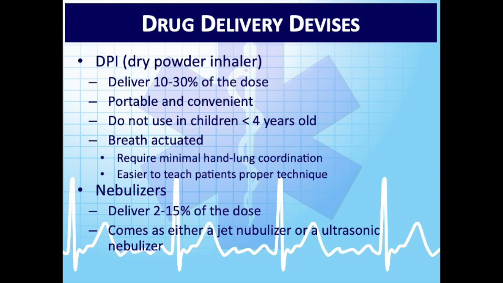So you won't hear things come up about CFCs or HFAs in the dry powder inhalers, because how the drug gets into your lungs is the inspiratory breath that you take while having your lips around the device itself. So a lot of these devices, you'll click them to activate the dry powder inside.